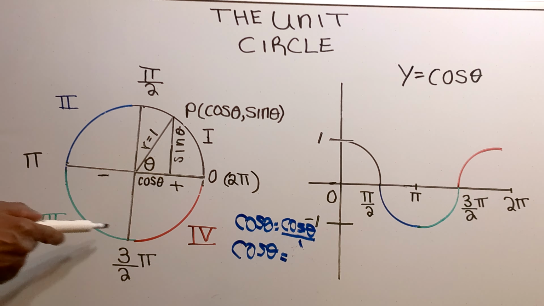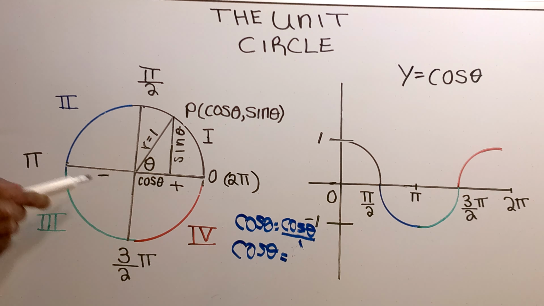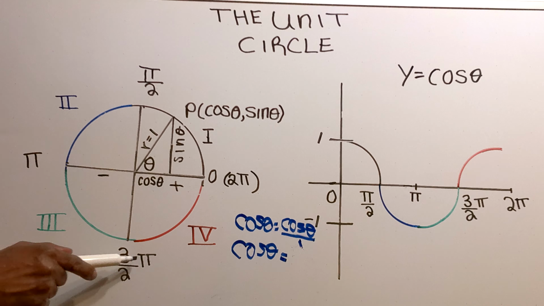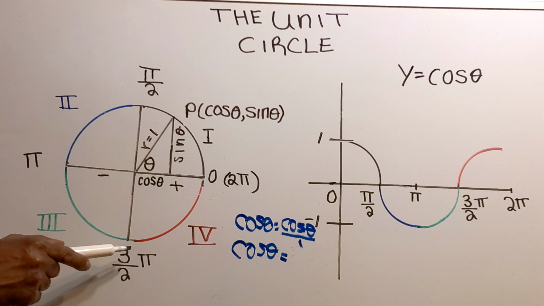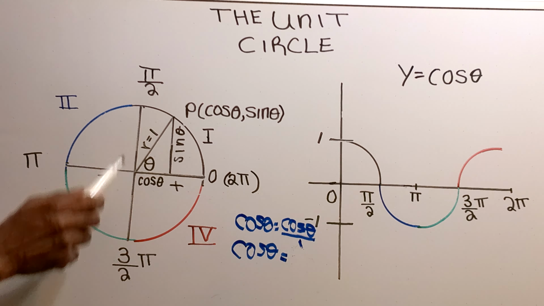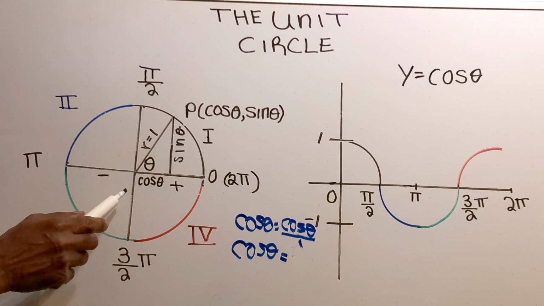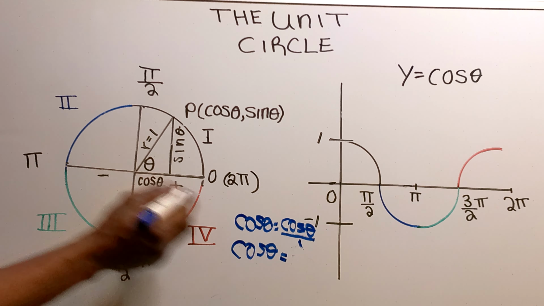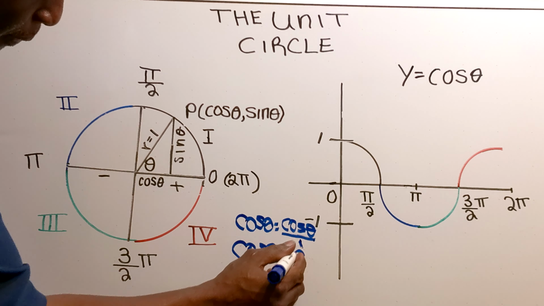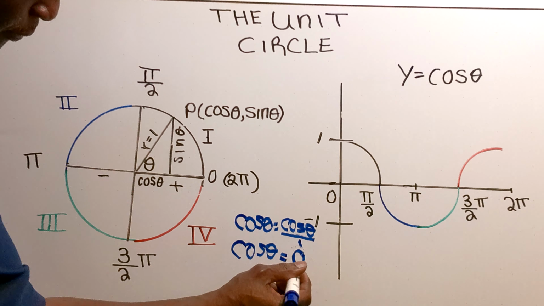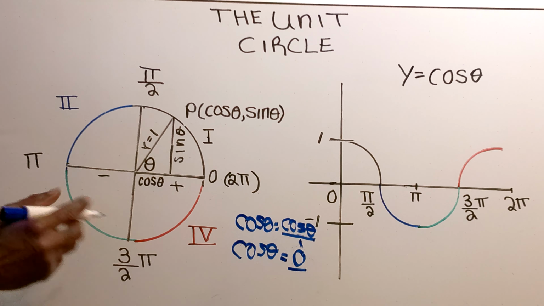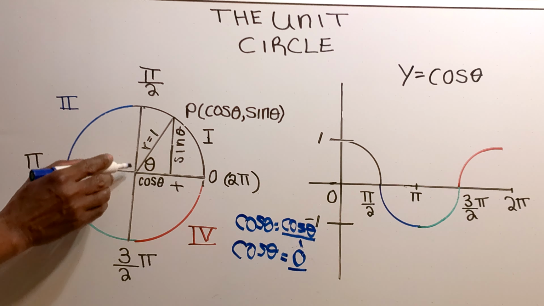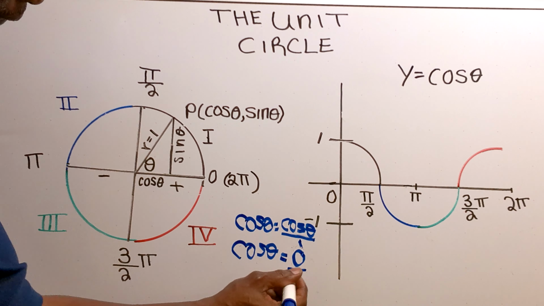Now I'm in quadrant 3, and I'm going to take the point P and rotate it all the way down to 3/2 pi. Now at 3/2 pi, I have a cosine of 0, and a length of -1.